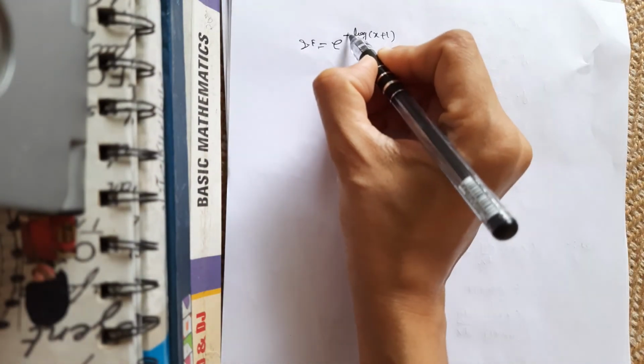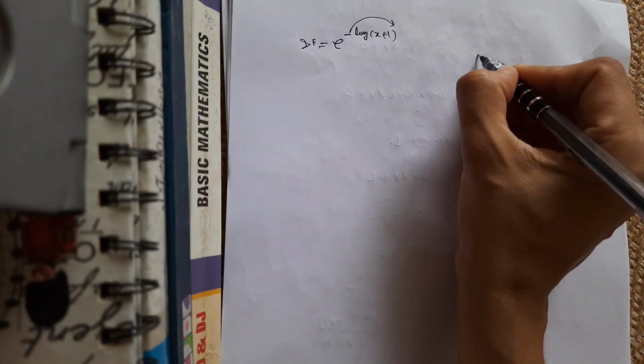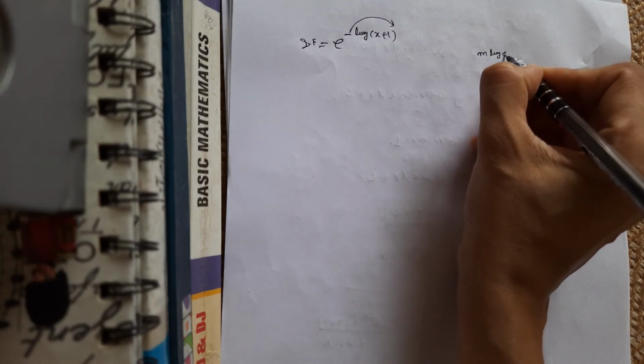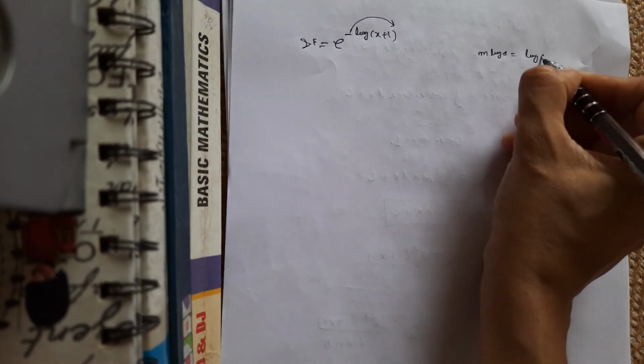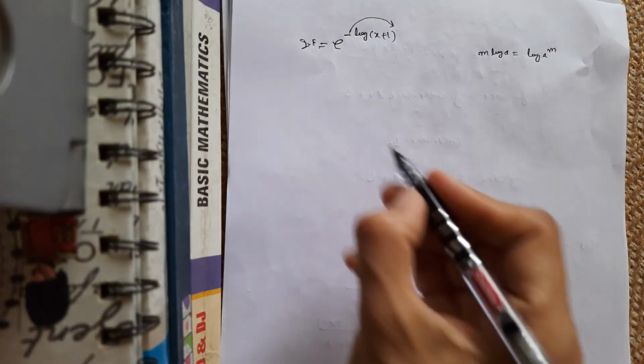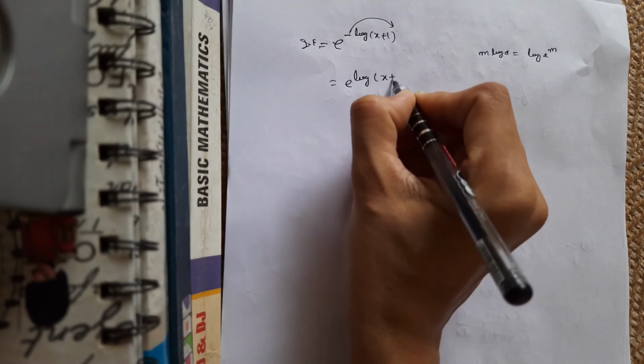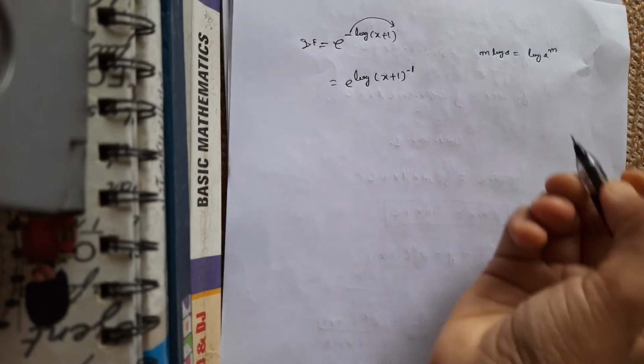Now I'm just taking this power here, because in log we know that m log a is nothing but log of a to the power m. Its minus sign I can write here, so e to the power log of (x plus 1) to the power minus 1.